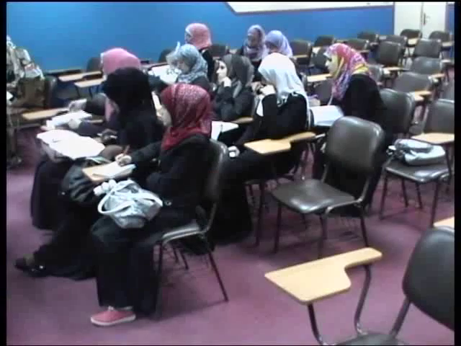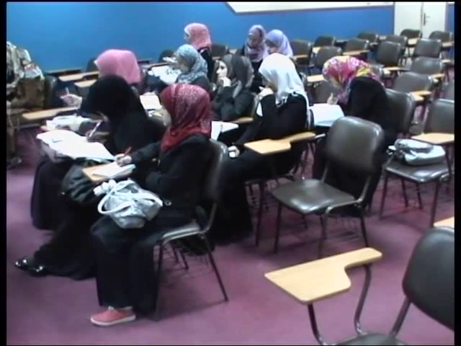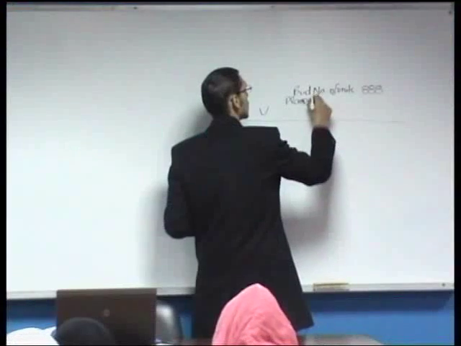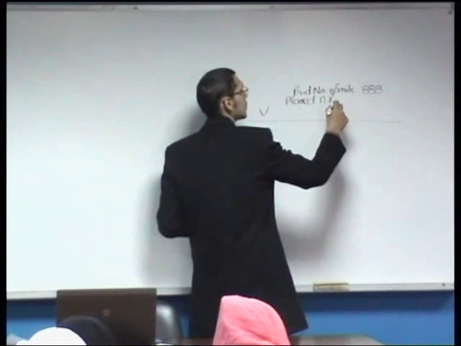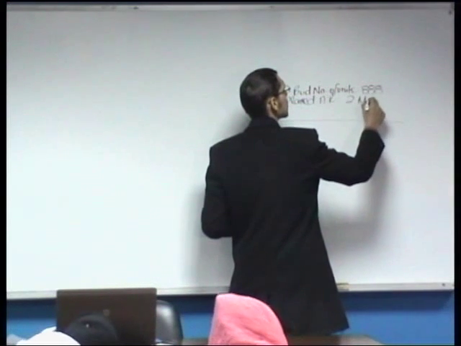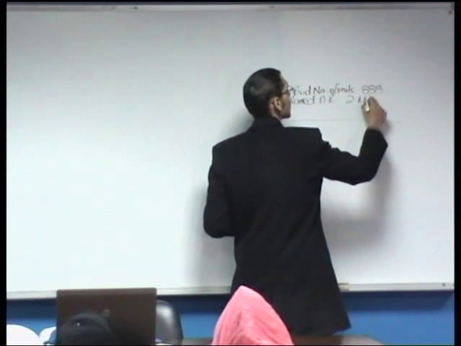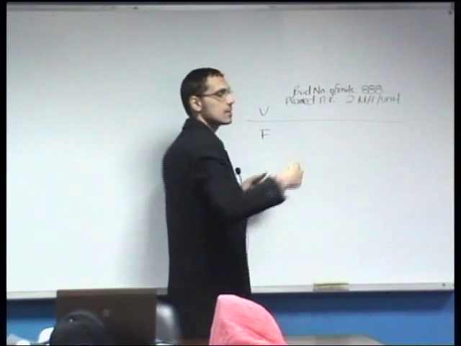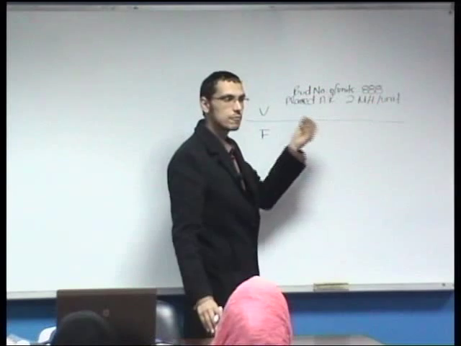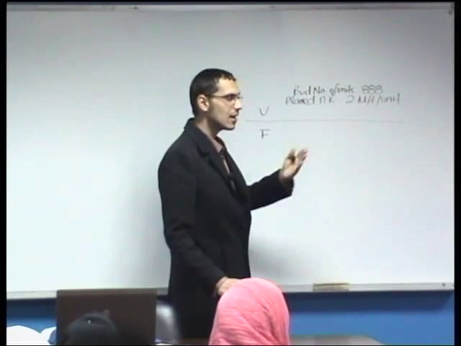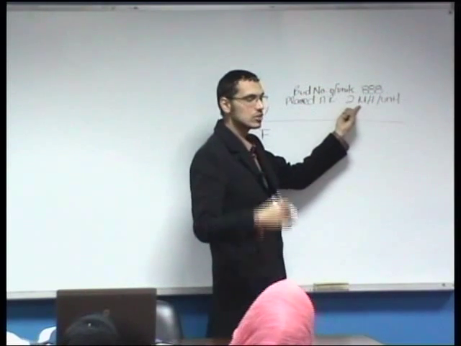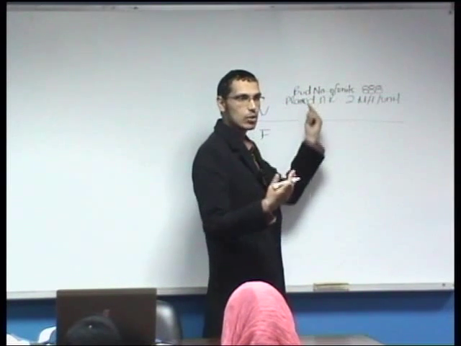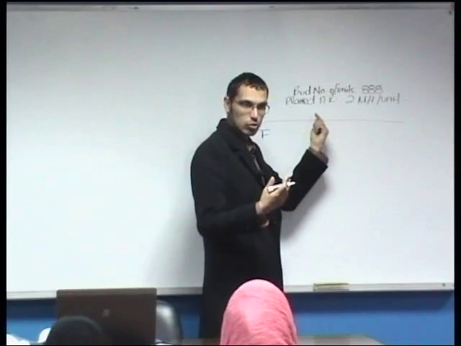Planned allocation rate, 2 machine hours per unit. Therefore, from this piece of information, I would deduce that the machine hours is the allocation base that we are going to use.